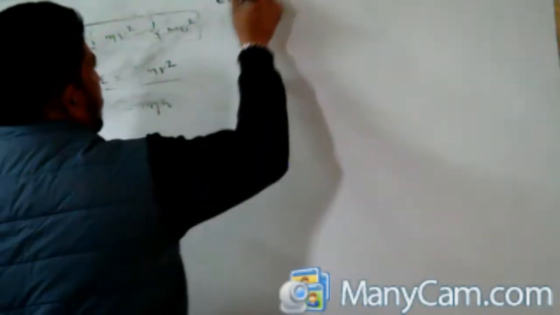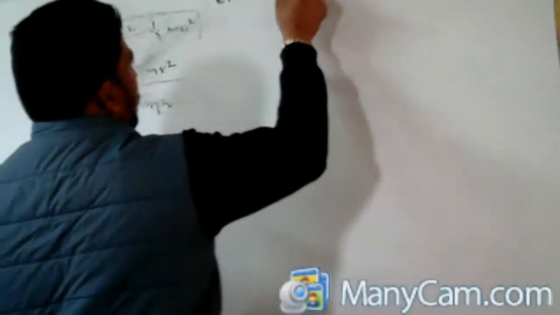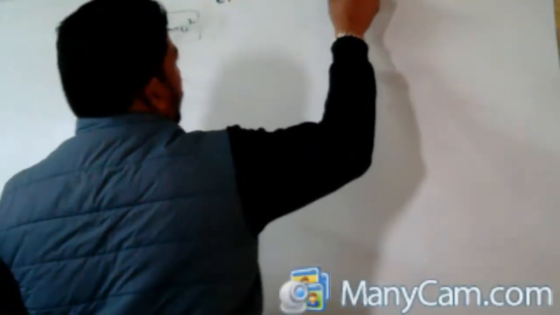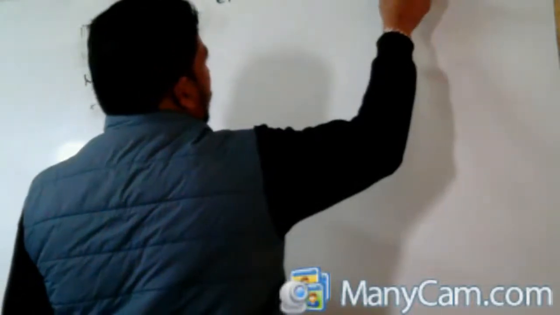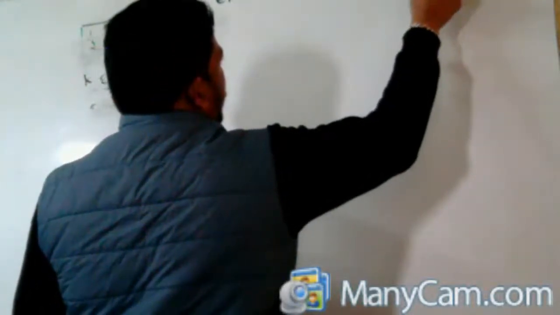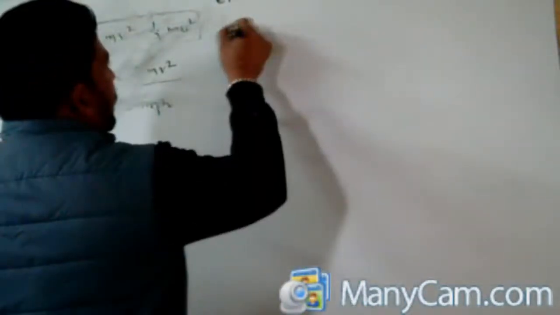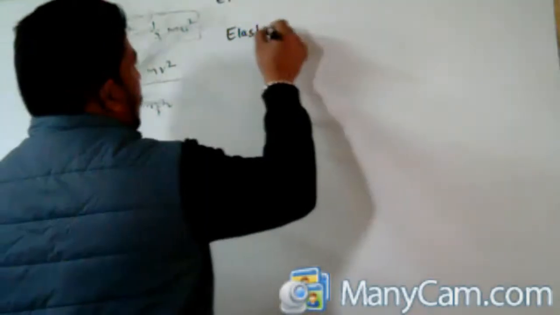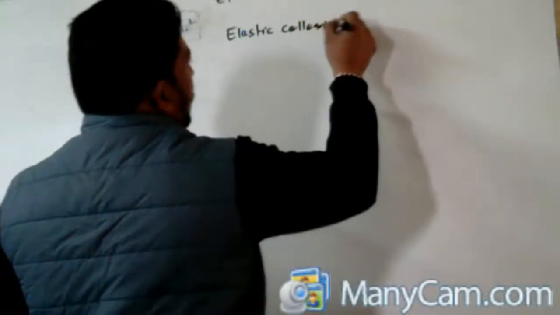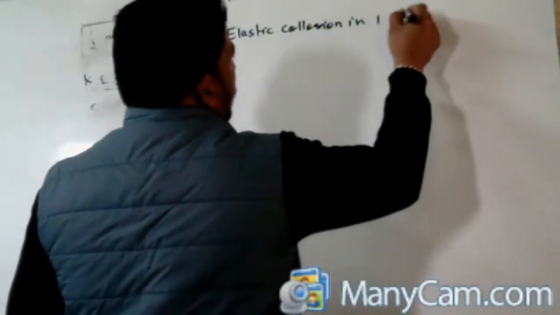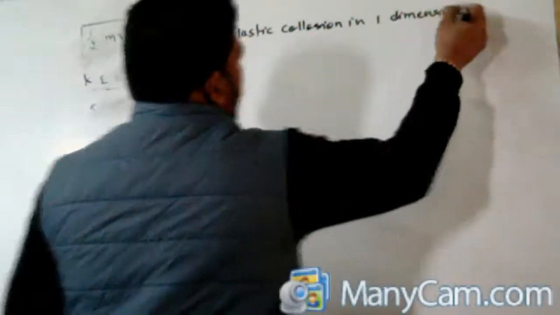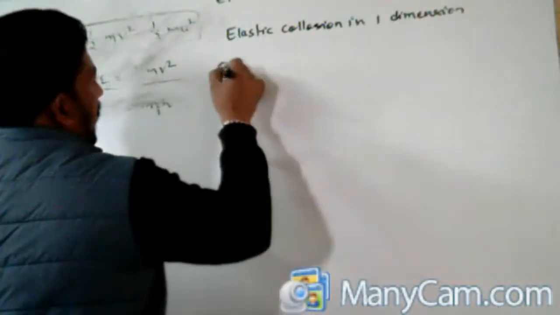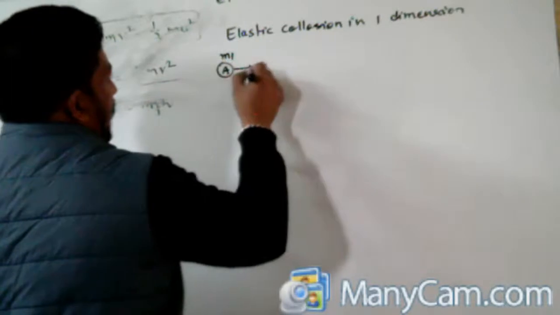So beta, elastic collision in one dimension. There is a ball A whose mass is m1, initial velocity u1.